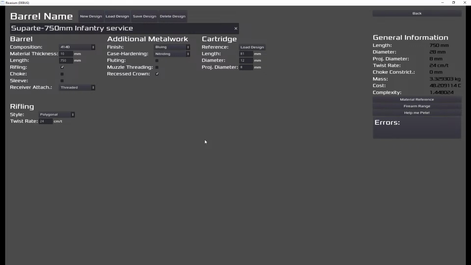That's a lot of barrel thickness. This is a 3 kilogram thing. That's crazy. I did not know that it was this thick.